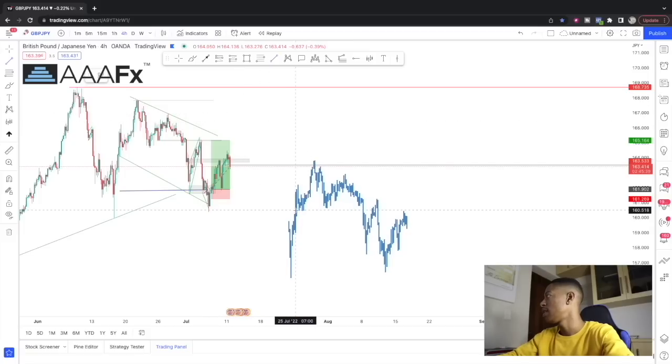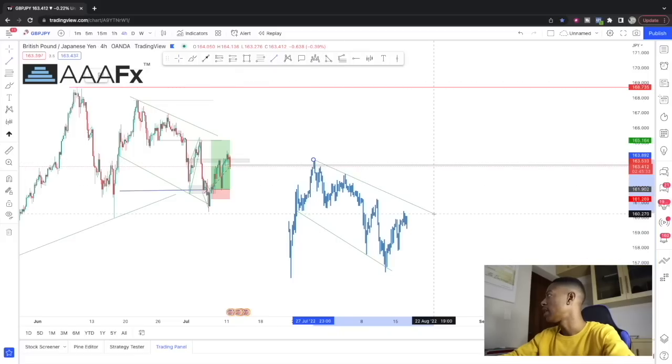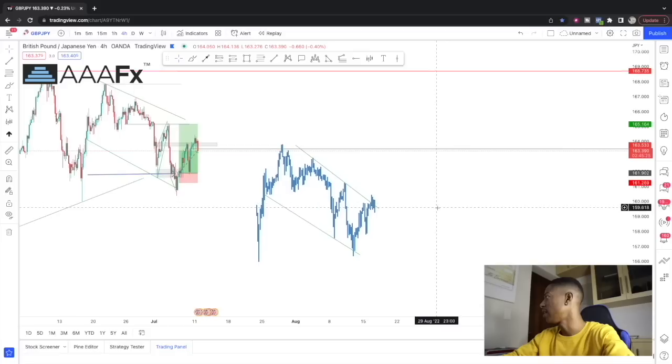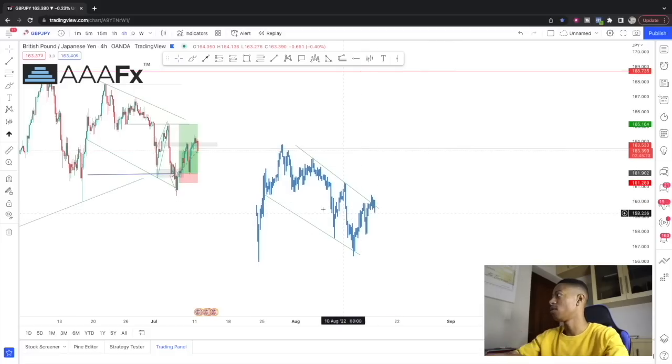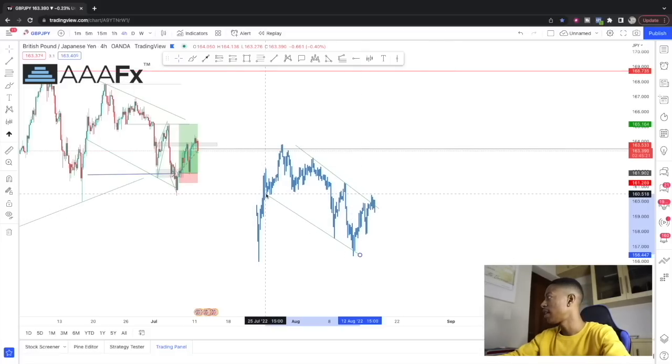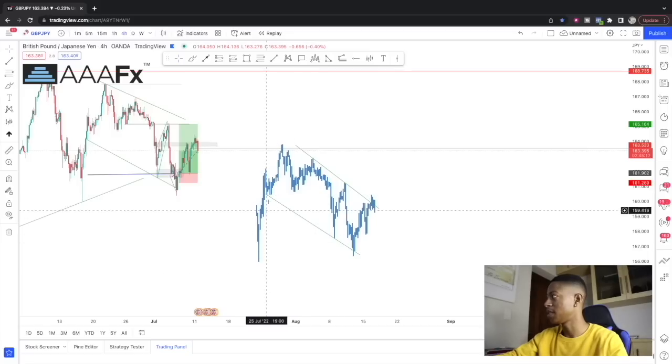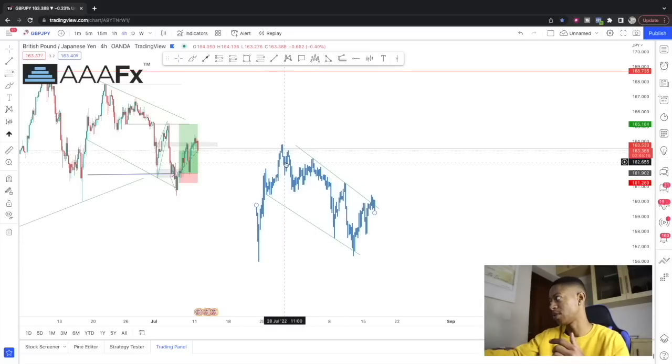Just by drawing my trend line like this and the top side of the trend line like this, I can see that this is a beautiful flag. And with these flags, it means that price has to continue or break to the upside.